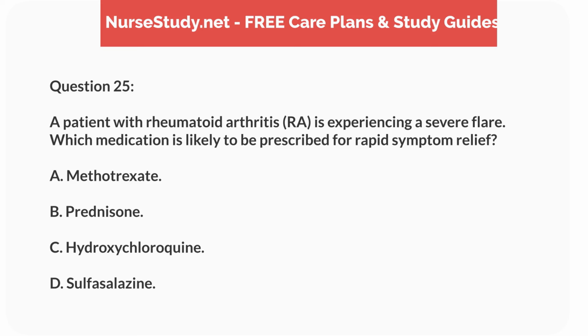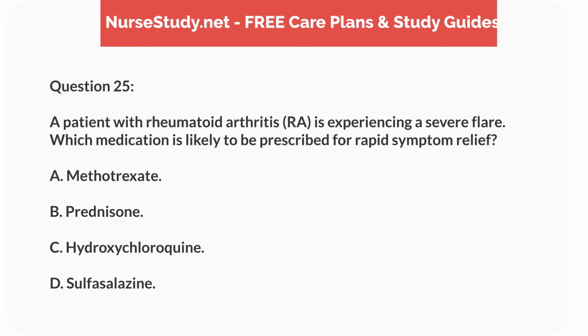Question 25. A patient with rheumatoid arthritis, RA, is experiencing a severe flare. Which medication is likely to be prescribed for rapid symptom relief? A. Methotrexate. B. Prednisone. C. Hydroxychloroquine.